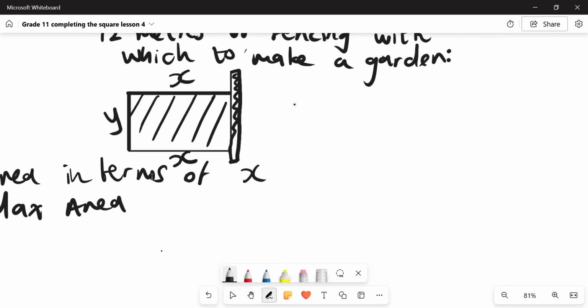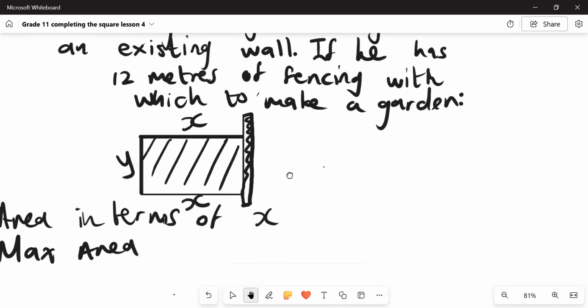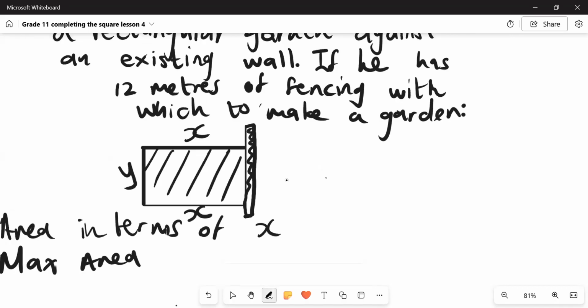So you have your X and Y. If we have 12 meters of fencing to make the garden, this whole thing becomes our perimeter there, right?